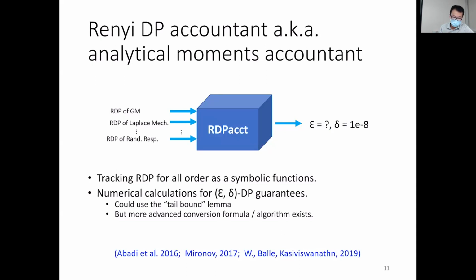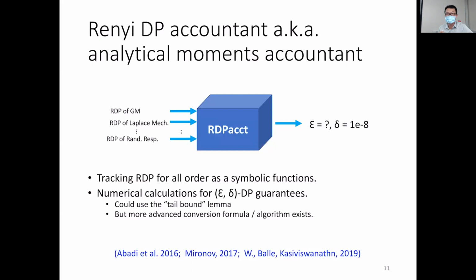Only at the very end, when we want to convert back to epsilon-delta DP, you can choose your favorite delta, and then the data structure will output this epsilon by doing the RDP to DP conversion at the end. So this has been the workhorse in a lot of recent differential privacy applications.